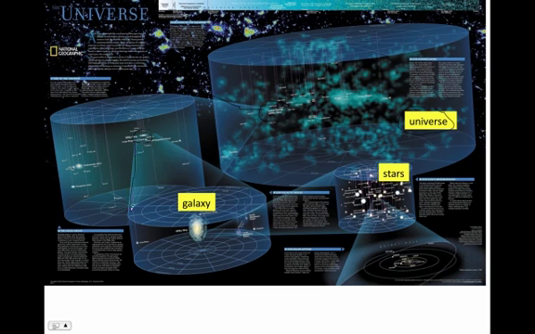So let's blow up the Milky Way galaxy right here. Then let's pinpoint one small section down here, and this collection of stars is just one tiny pinpoint within the Milky Way galaxy.